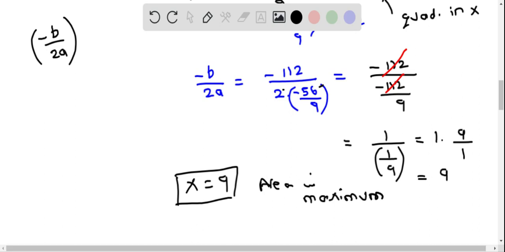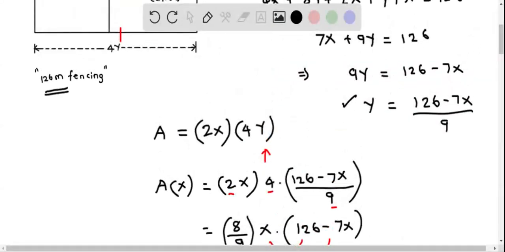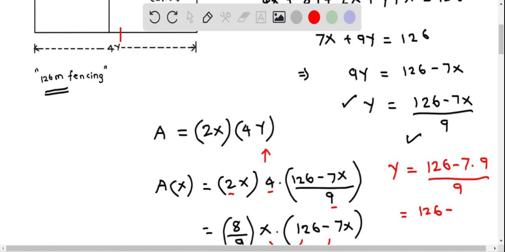Therefore, we can determine the value of y. We take this value of x and plug it into this equation. So let me do that. Therefore, we will get y equals 126 minus 7 times 9 over 9. And this gives 126 minus 7 times 9 is 63 over 9.